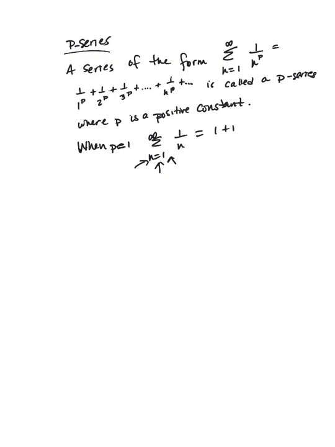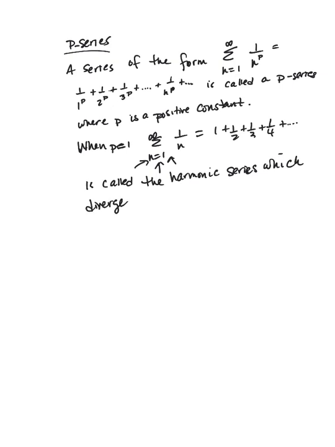This is 1 plus a half, plus a third, plus a fourth, and so on. And it's called the harmonic series, which diverges. So if you ever have the series, you're allowed to just say it diverges because it's the harmonic series.